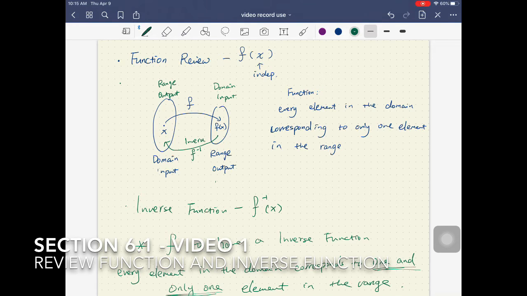Okay, so this is really important. We need to make sure f is a one-to-one function.